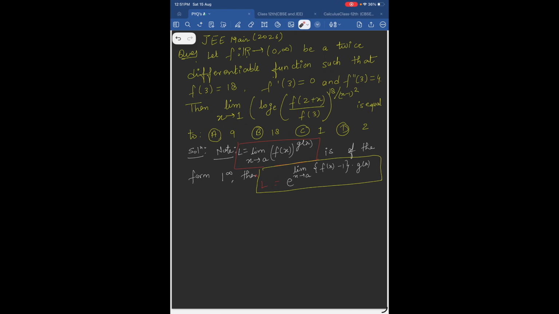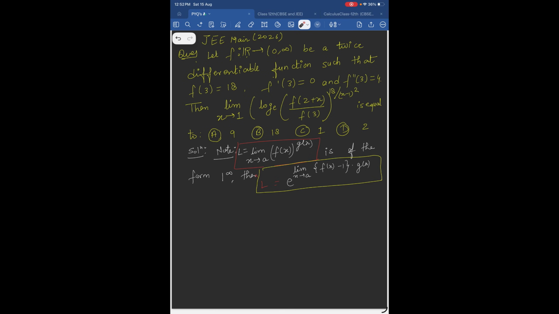So as we know, whenever limit x tends to a of f(x) power g(x), this limit is of the form 1 power infinity, which means when x goes towards a, f(x) goes towards 1 and g(x) goes towards infinity, then there is a fixed formula.